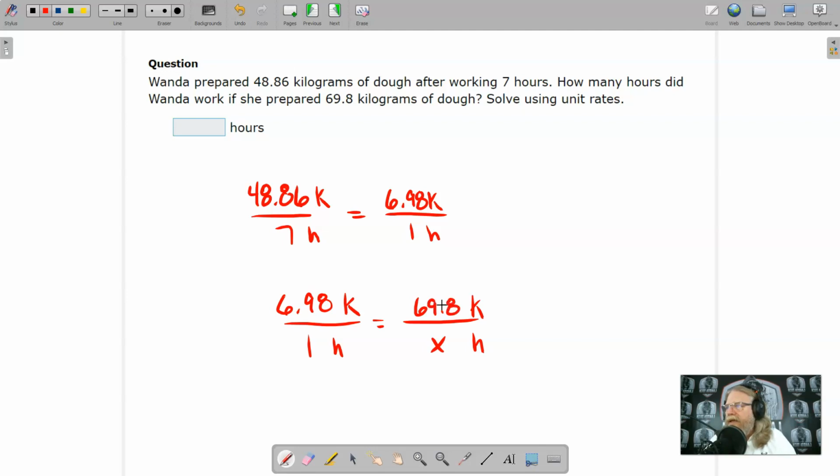If I move the decimal over 1 place, then it would be the same 69.8. So I know that I'm multiplying times 10. I'm going to do the same to the denominator, times 10, and therefore x is going to equal 10. So it's going to be 10 hours.